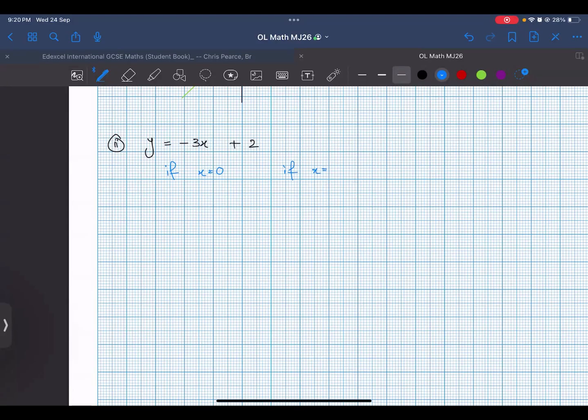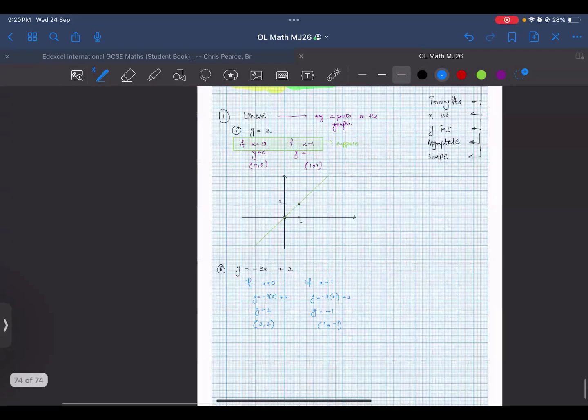And let's suppose if x is 1. I choose any 2 values. So if x is 0, your y comes out as minus 3 times 0 plus 2, which will come out as 2. And if x is 1, y is minus 3 times 1 plus 2. So you will get y as, yes, minus 1. So now you have 2 points, 0, 2 and 1, minus 1. And now you will move on to the sketch.